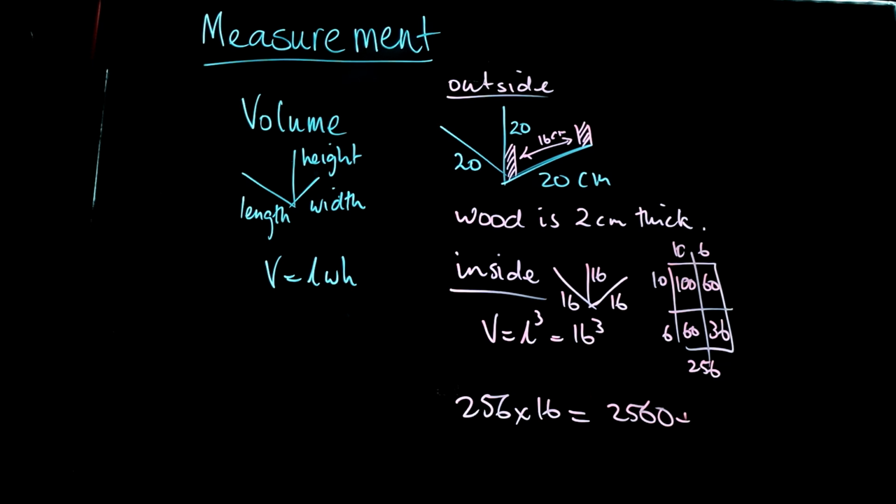That's times 10 plus 6 lots of 256: 6 times 6 is 36, carry the 3, 6 times 5 is 30, and 33, and then I'm at 12, add the 3 here, and I need to add those together. And what do I get? 4,096 centimeters cubed would be my final answer there. So a really good question to get you thinking.